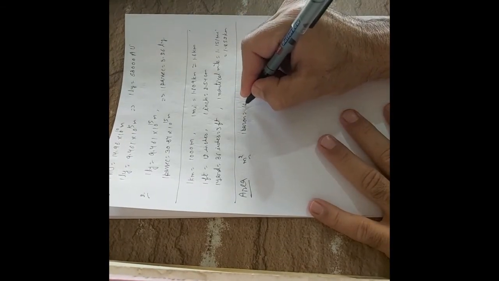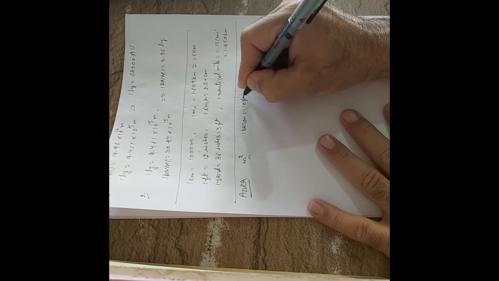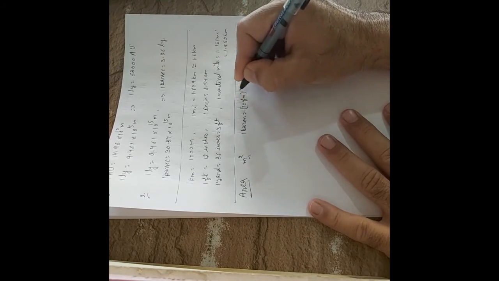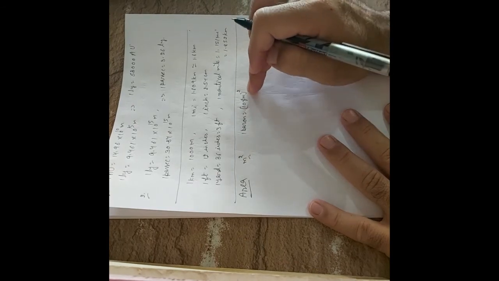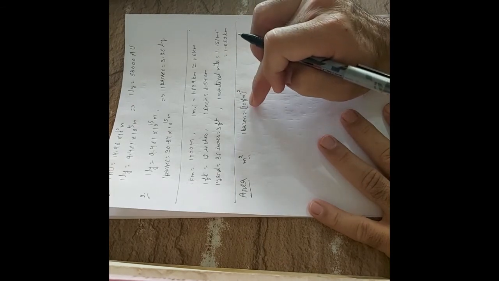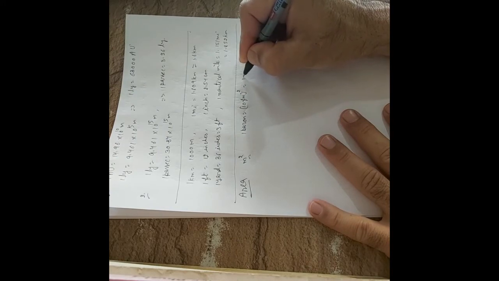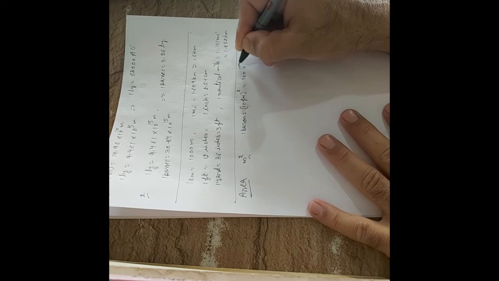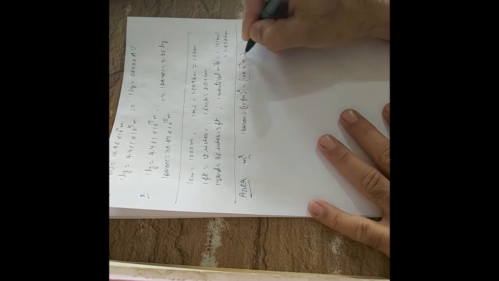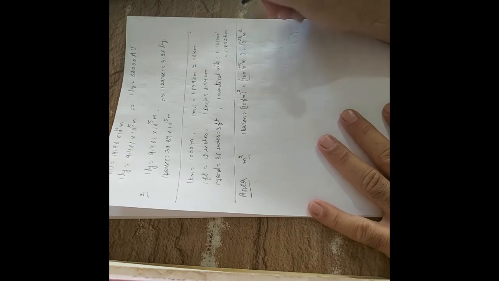And what is 1 barn? It is the area of a square whose one side is 10 femtometer. And what is 1 femtometer? 10 to the power minus 15 meter. So when you do this, it will be 10 to the power minus 28 meter square.